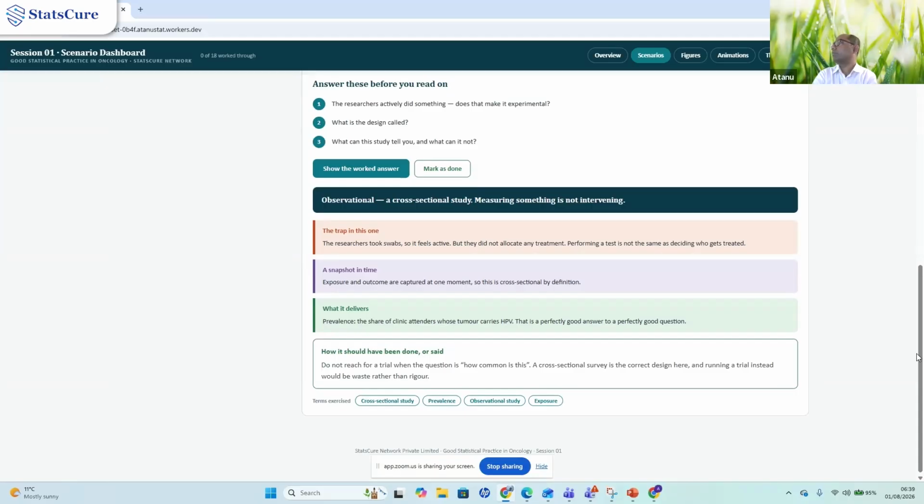So exposure and outcome were captured. This is cross-sectional by definition: they are giving HPV testing and seeing whether the result is positive or negative, and they will calculate a proportion, or prevalence, of percentage positive. So it can be considered a cross-sectional study.